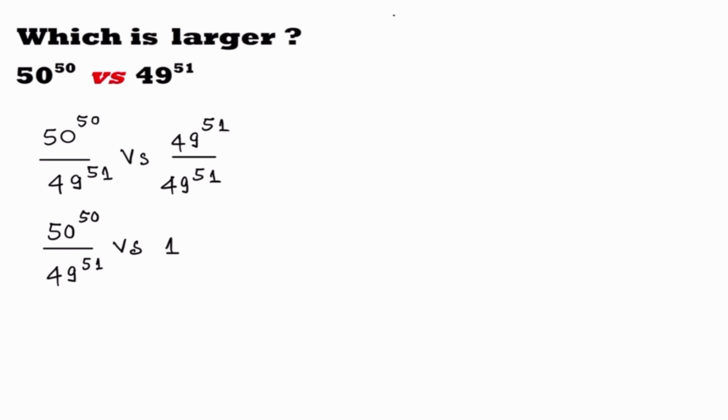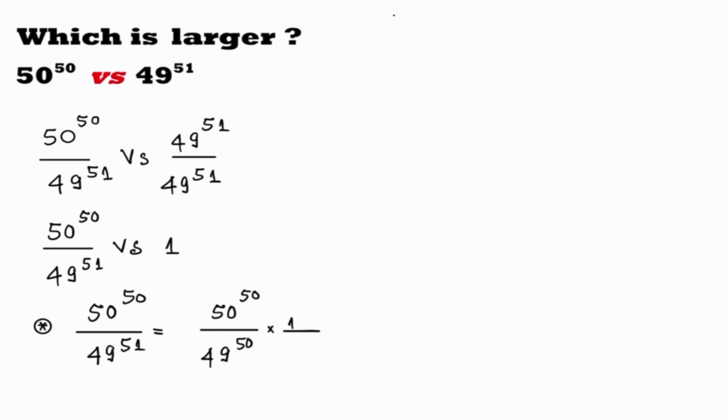Now I have to calculate the number which is 50 to the power of 50 over 49 to the power of 51, which could be written as 50 raised to the power of 50 over 49 to the power of 50 times 1 over 49.